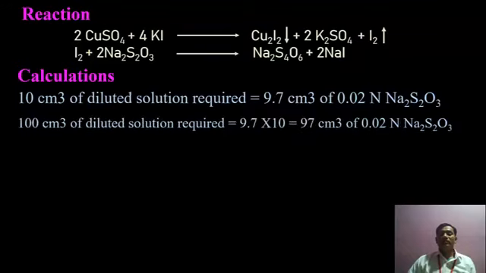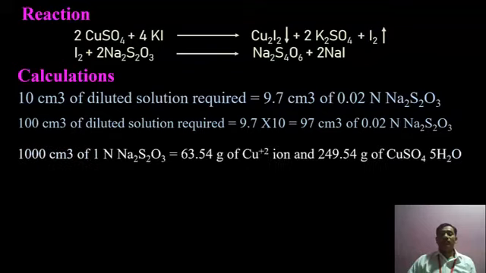Hence 100 cm cube of diluted solution required 9.7 into 10, which is equal to 97 cm cube of 0.02 normal sodium thiosulphate solution. 1000 cm cube of 1 normal sodium thiosulphate is equal to 63.54 gram of copper ions, and 249.54 gram of copper sulfate pentahydrate.